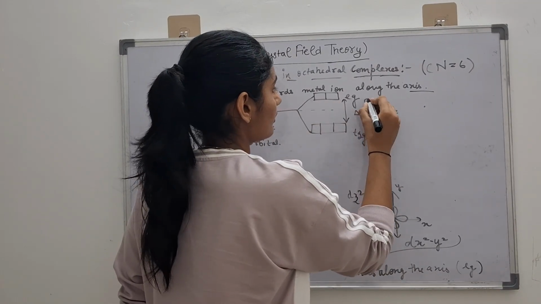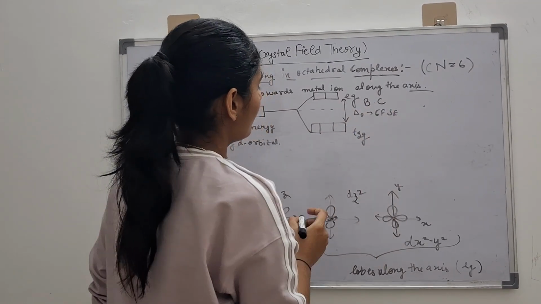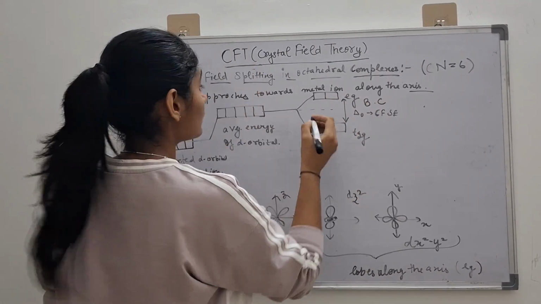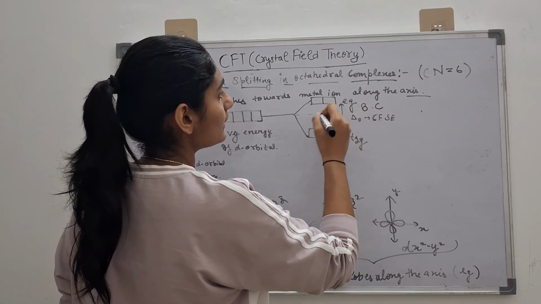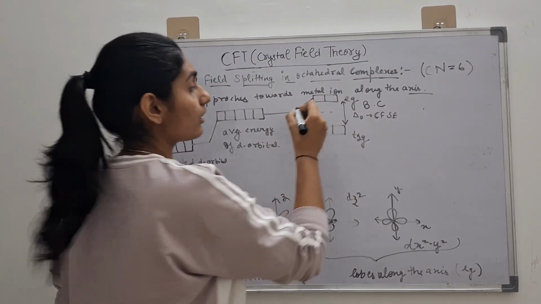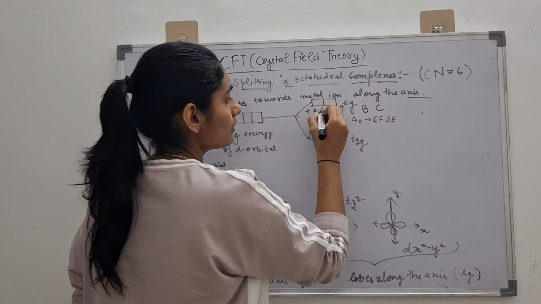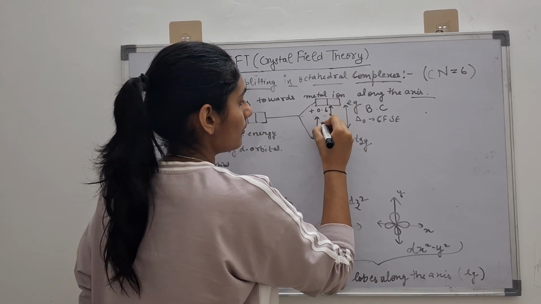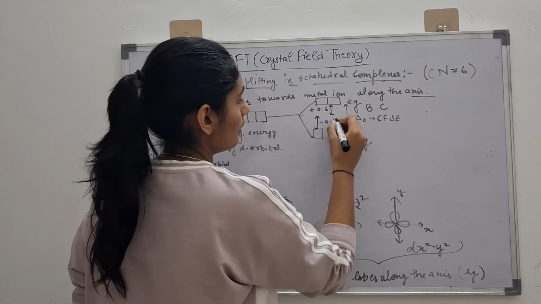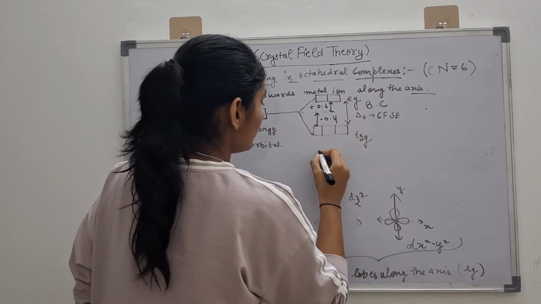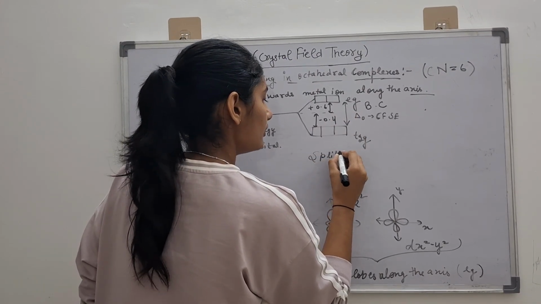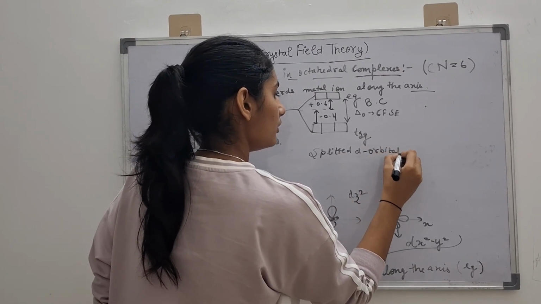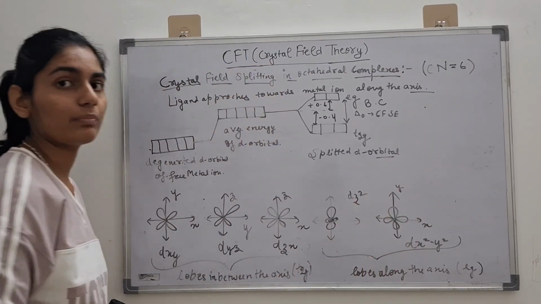This is the barycenter, and the redistribution of energies in octahedral complexes is plus 0.6 here, and here and here minus 0.4. This is the splitting of the d orbital in octahedral complexes.